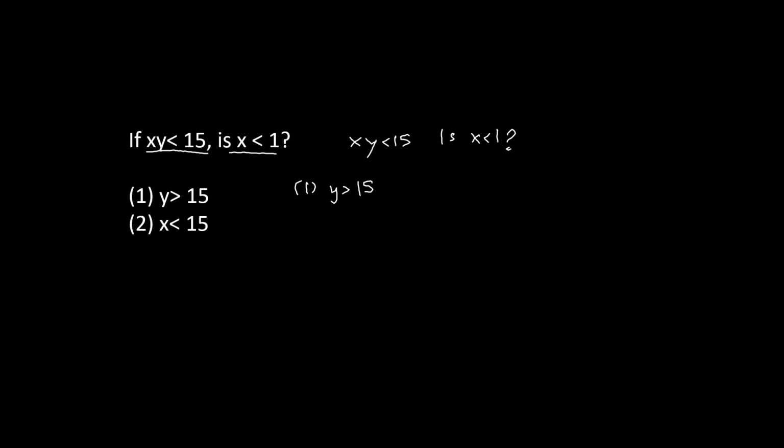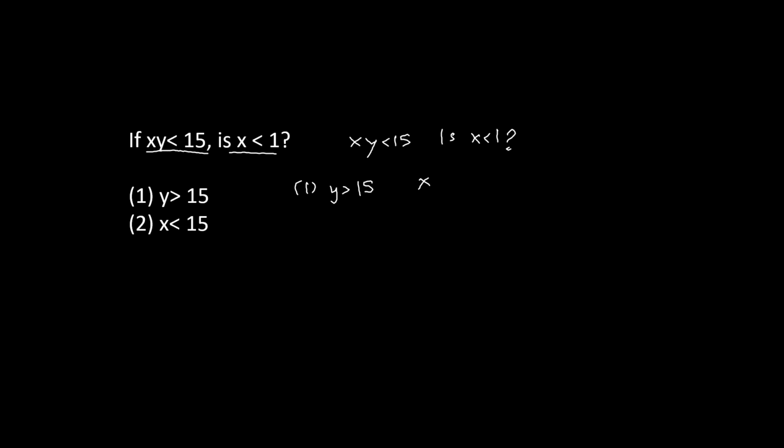Now let's try to negate this. Can I think about a number which is greater than 1, but makes x into y less than 15 with y being greater than 15? I cannot, right? 2, 3, 4 will work, but I'm thinking about fractions, so nothing is going to work. And why is that?